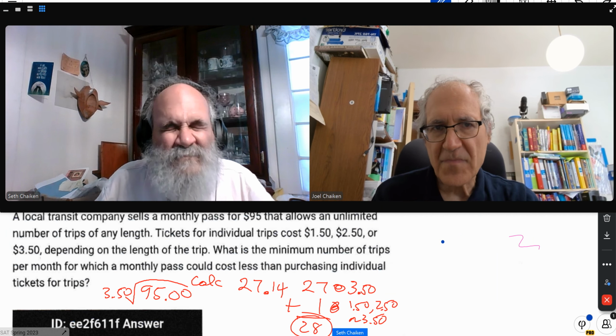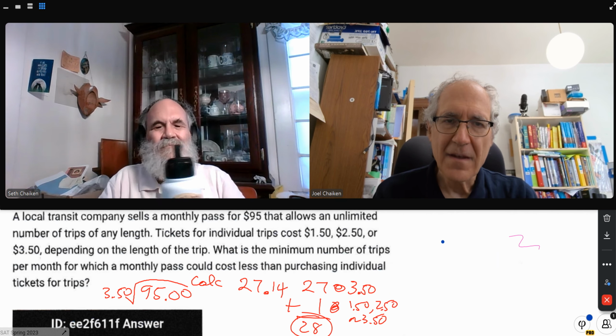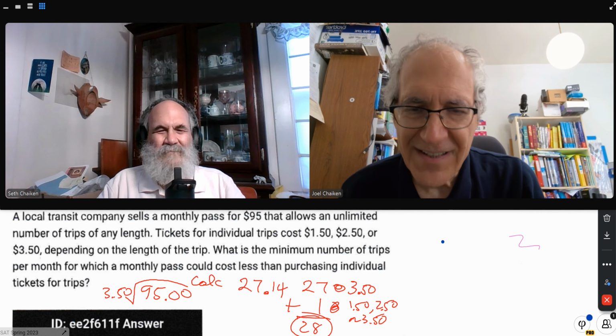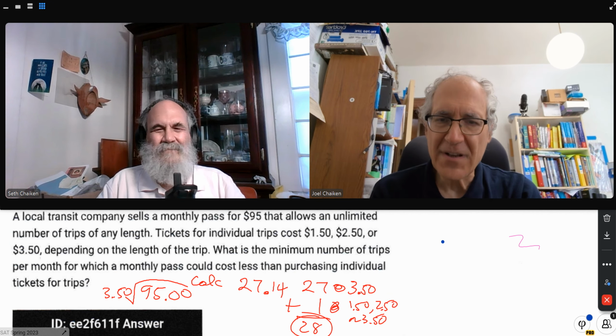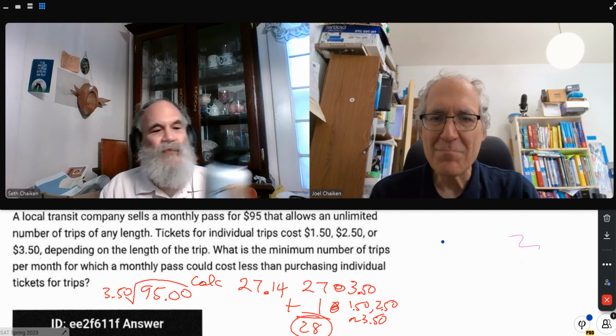That's just the answer. In some ways, the main strategy here is just a little bit of common sense, but you have to read the problem carefully. It does take a while to digest what they're asking. The minimum number of trips.